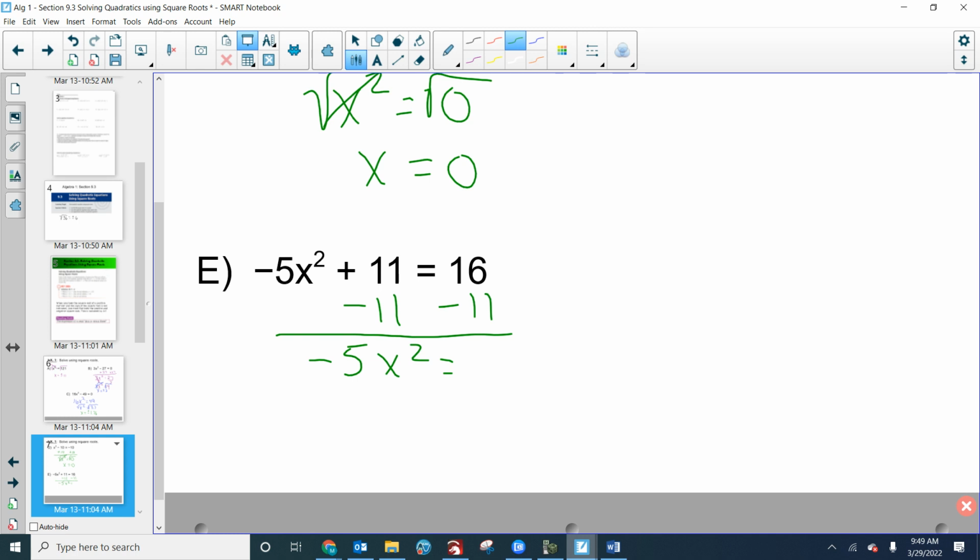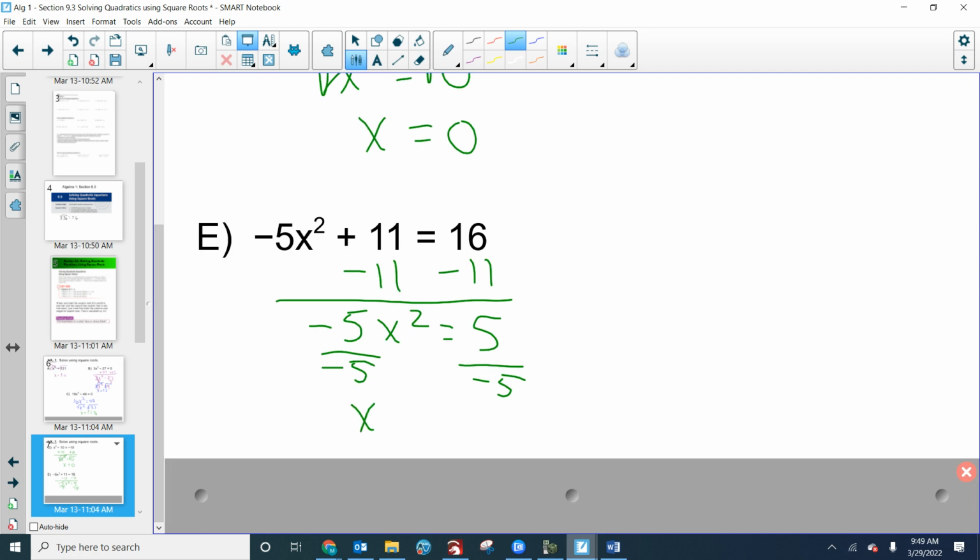Ethan, what do I do now? Divide by 5. Careful. Everybody divide by negative 5. What's 5 divided by negative 5? X squared equals negative 1.